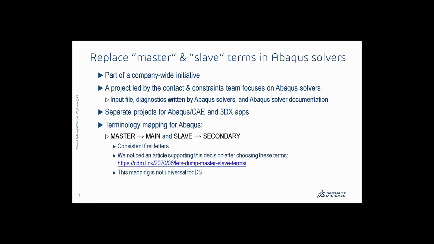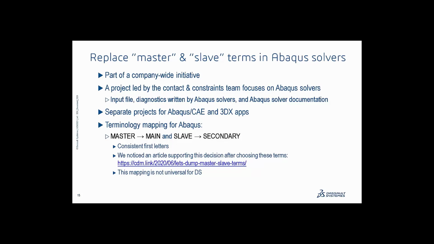Another enhancement, if you will, is some updating of terminologies. For many years, really since the beginning, when talking about contact or constraints, there was a master-slave terminology. And as many of you know, those types of terms are becoming less acceptable. So we had a company-wide initiative to replace this terminology with something that is more compatible with our current mainstream usage.